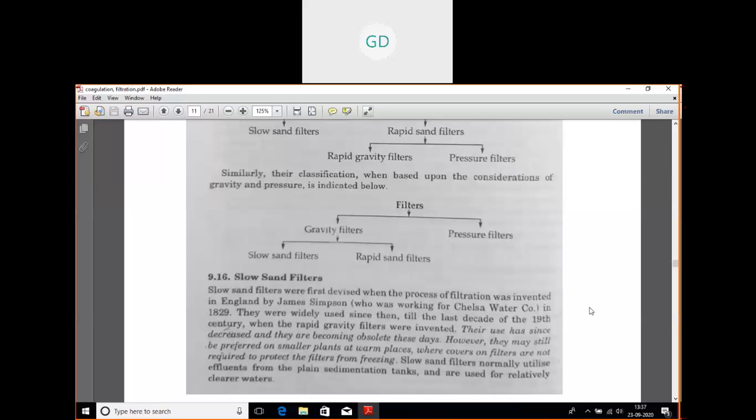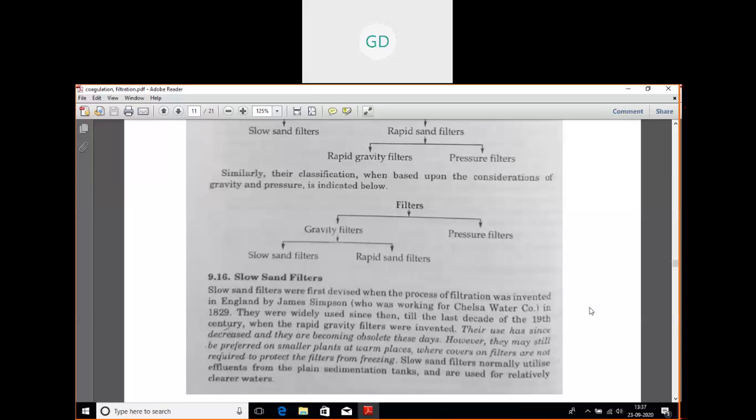And one more thing: though in rapid gravity filters the purification process is not as good as in slow sand filters, you can still use rapid gravity filters because filtration is not the last step of the treatment process.